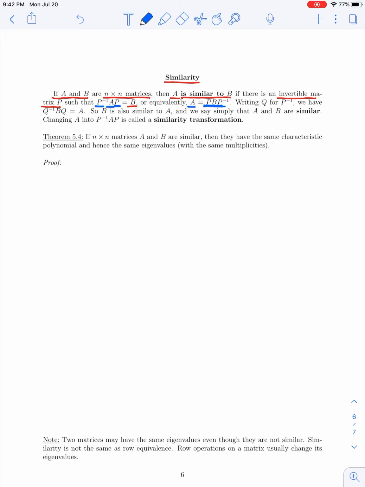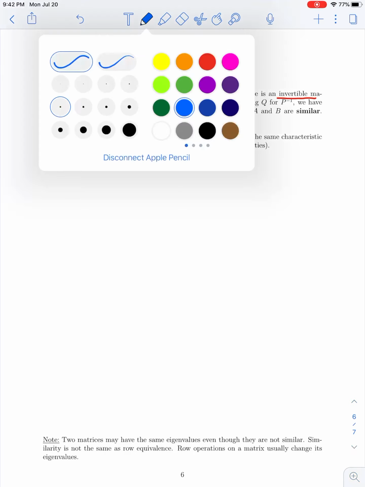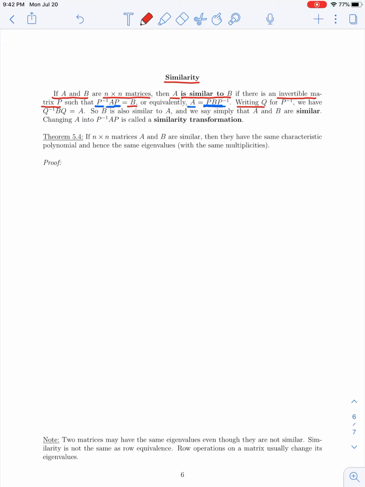Now for this equation, if we were to rewrite Q in place of P inverse, then this equation could be expressed as Q inverse B times Q is equal to A. So that means by definition that B would also be similar to the matrix A.